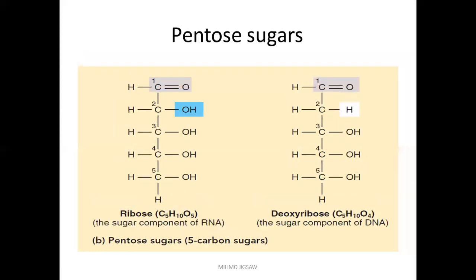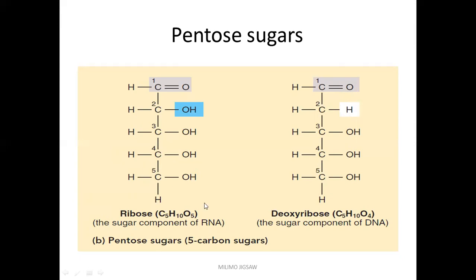For the pentose sugars, we said we have a ribose sugar and a deoxyribose sugar. The ribose sugar is a component of RNA, and the deoxyribose sugar is a component of DNA. Then we said that the difference is in carbon 2, where we have a hydroxyl group in a ribose sugar, while just a hydrogen atom in the deoxyribose sugar.